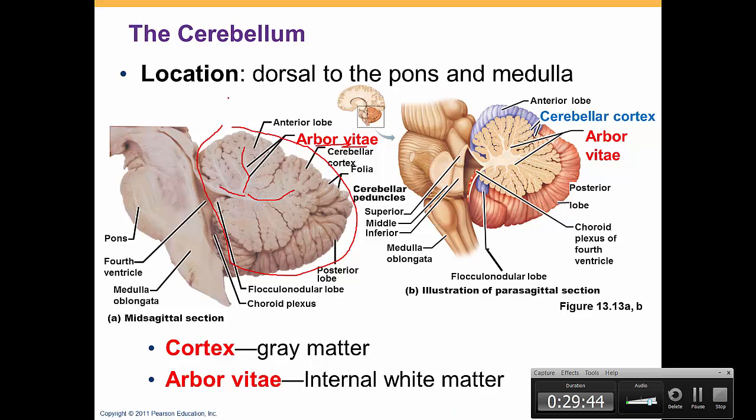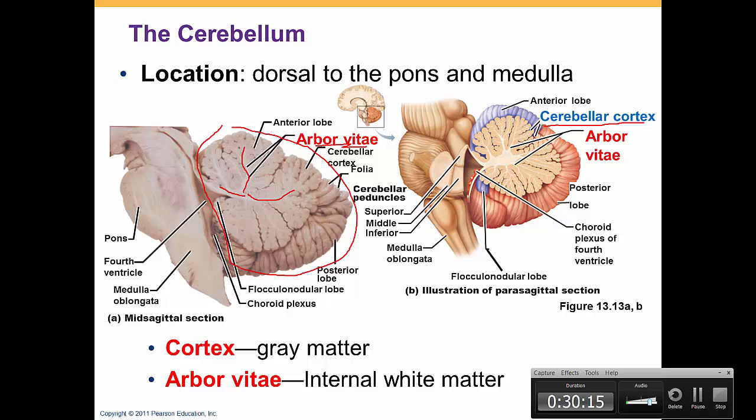So the white matter of the cerebellum is called arbor vitae, which means the tree of life. Arbor is tree, and vitae is life, like vital signs. Arbor, in Spanish and French, means tree, or similar to that. They have similar words. Then, as you can see here, this is my cerebellar cortex, which is this outer part.